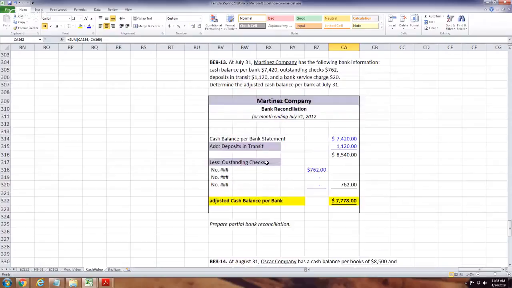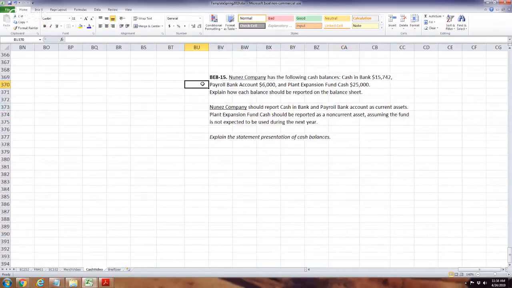This is in terms of the bank. And this one, Nunez Company has the following cash balances: payroll, plant expansion, and cash fund. On the balance sheet, cash is a current asset. The plant expansion fund is a non-current asset, assuming the fund is not to be used in the next year.